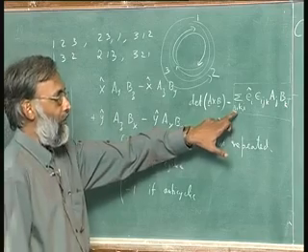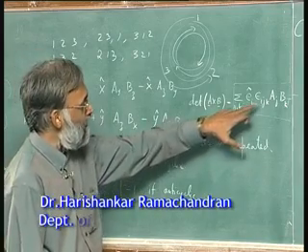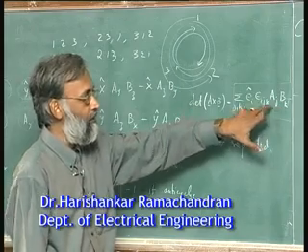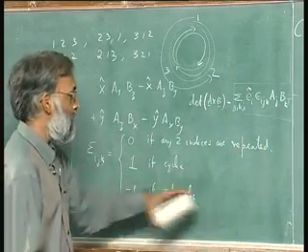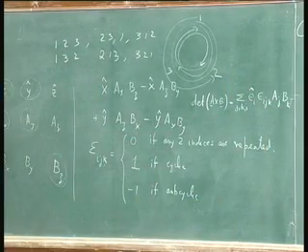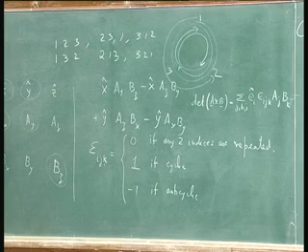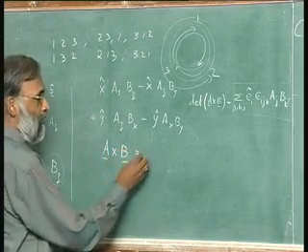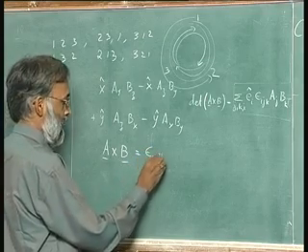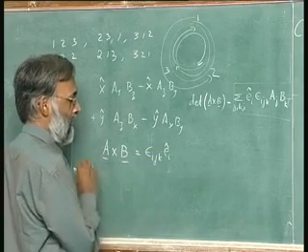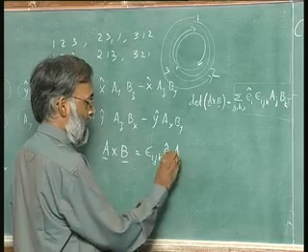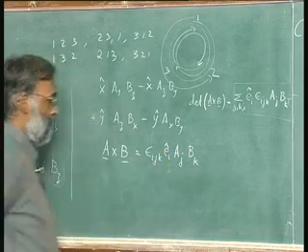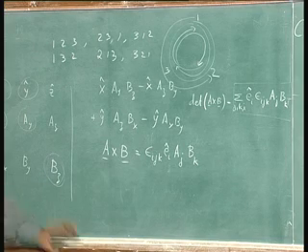We also suppress this sum. It is assumed that if i appears twice, it is summed over, if j appears twice, it is summed over, and if k appears twice, it is summed over. So, we write A cross B is equal to epsilon ijk unit vector along i, jth component of A, kth component of B. What happens with curl?